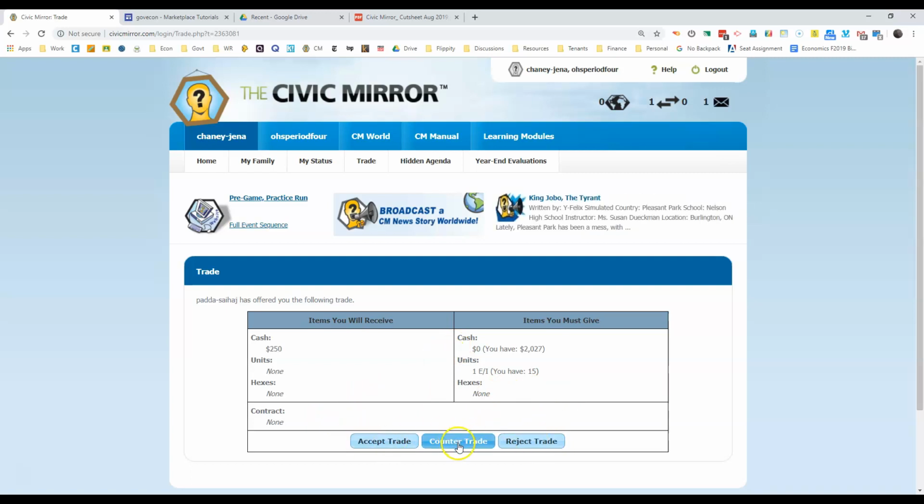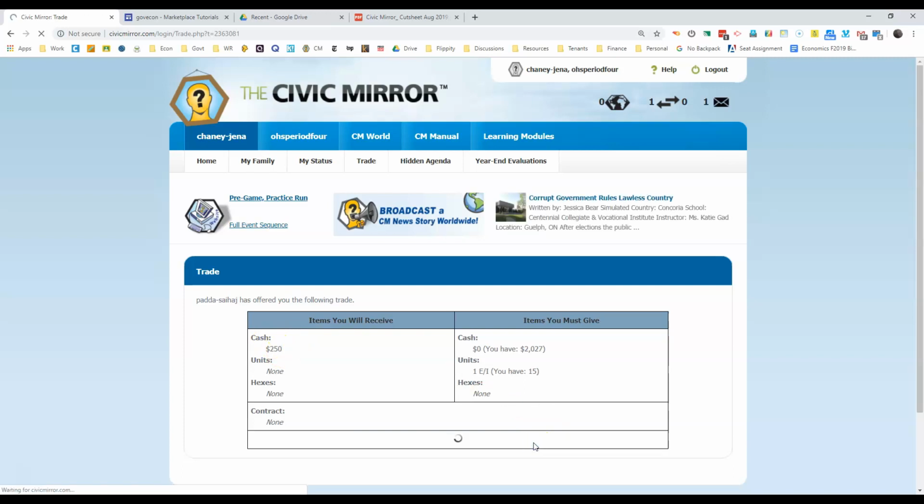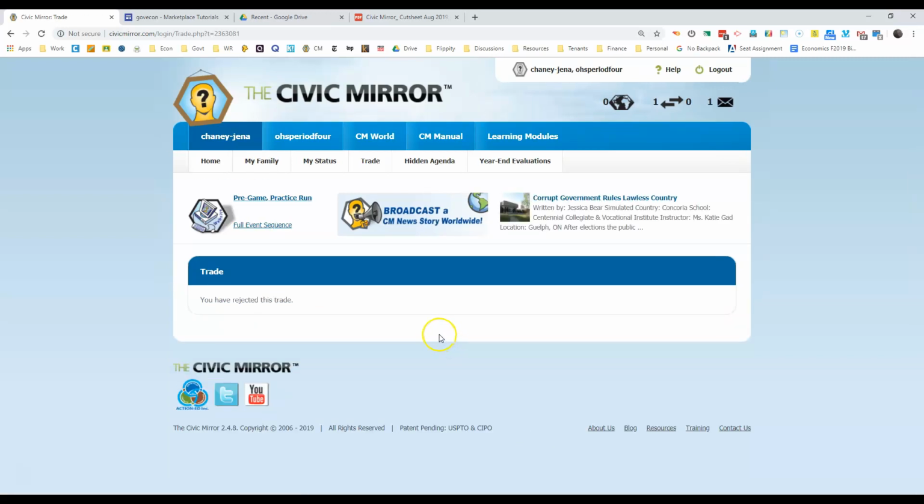Now, if the person wants to give you the unit, but maybe they don't like how much you're offering, they might do a counter trade and maybe say they want you to pay them $300 for it. It just depends on the person. I'm going to reject this because I'm not Jenna and I don't have any right to accept trades on her behalf. But that gives you some idea of how you make a trade in order to get the things that you need.